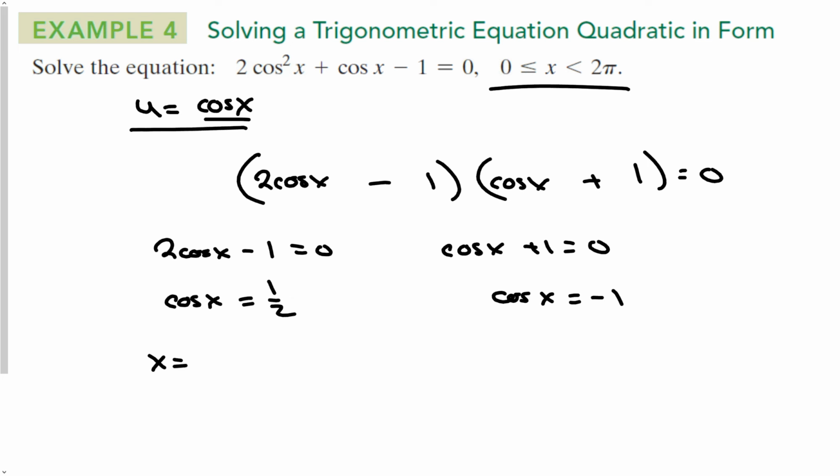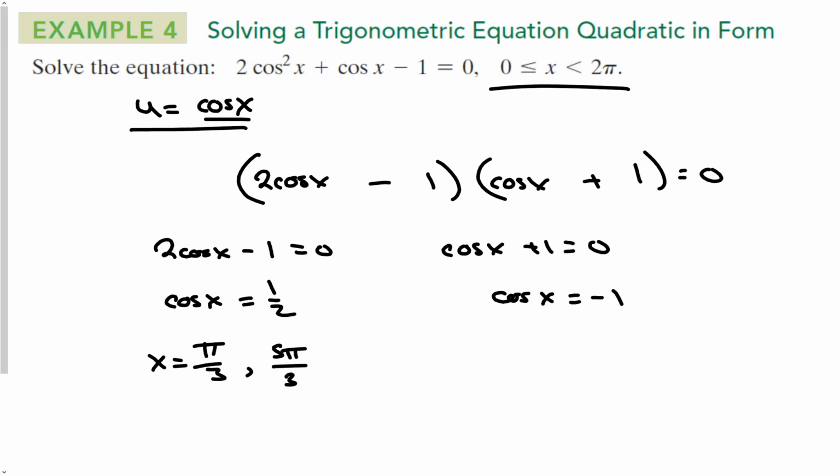And it is at pi over 3 in the first quadrant, and it's also positive in the fourth quadrant. So it's also positive at the angle with the reference angle of pi over 3, which is 5 pi over 3. Again, knowledge of the unit circle and a good idea of how reference angles work is helpful for this.